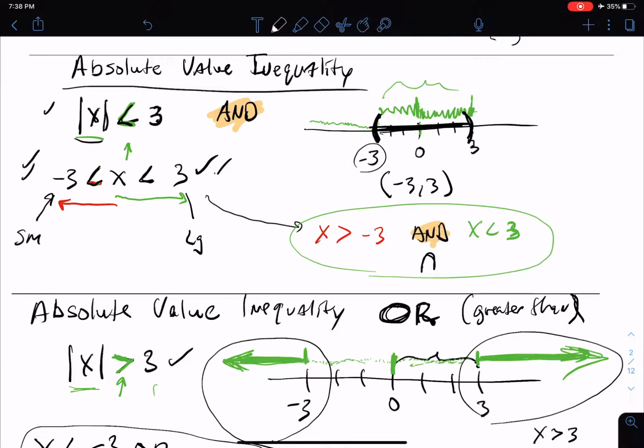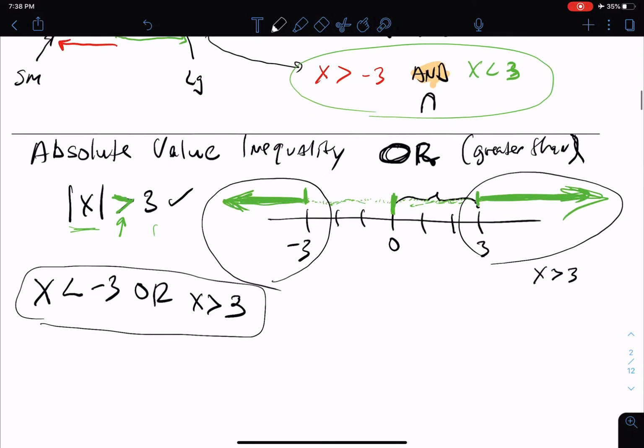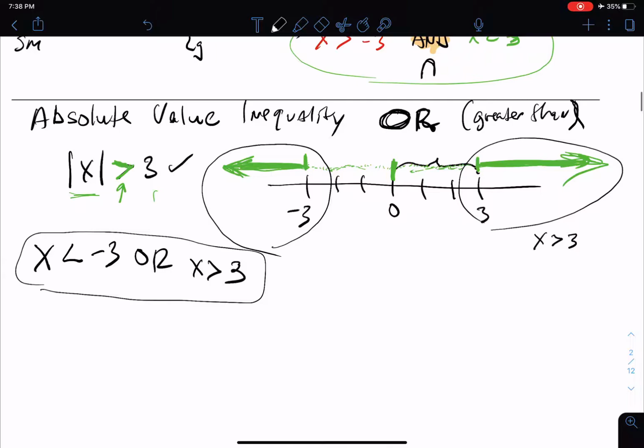Well, that's going to be an AND problem and have that kind of picture, and it's going to have that kind of breakdown using a compound inequality with an AND. And then if it's absolute value of x is greater than 3, it's going to be an OR problem. And you're going to have these two values, and it's going to be an OR, where it's a union. OR also means union. Okay, there's a union symbol.